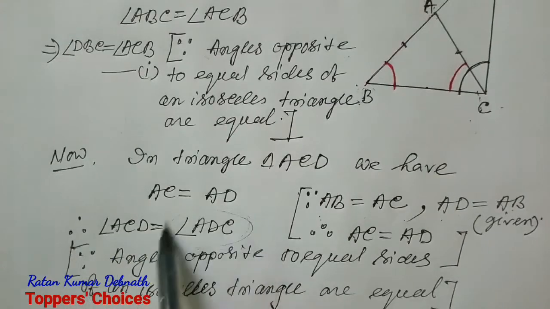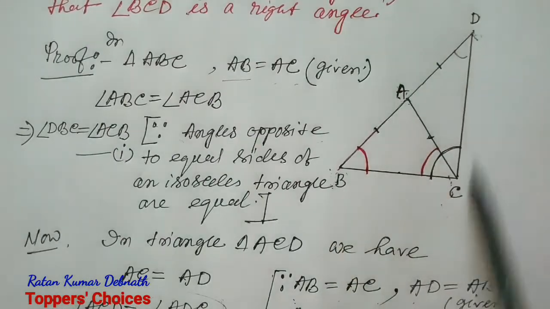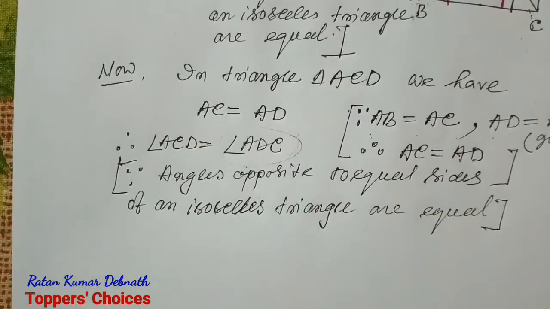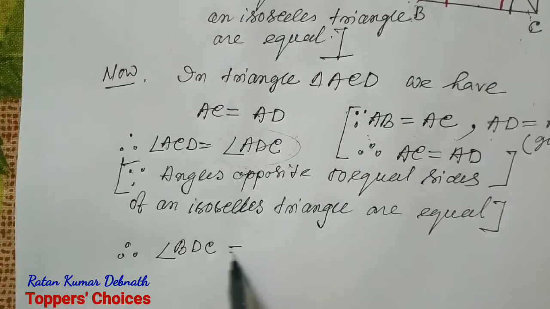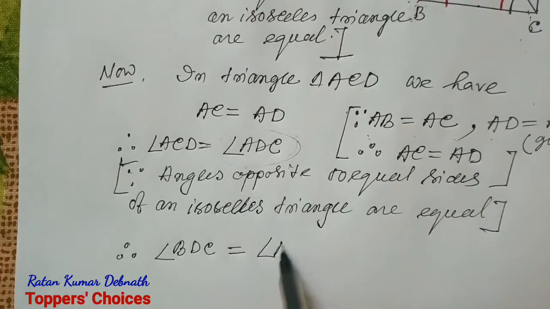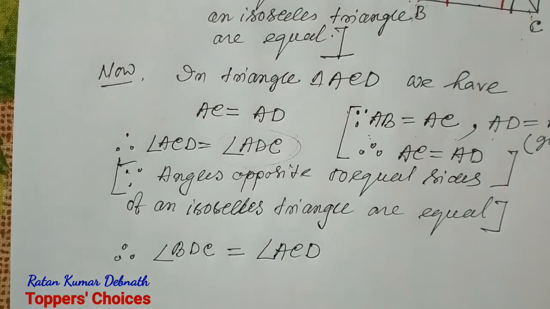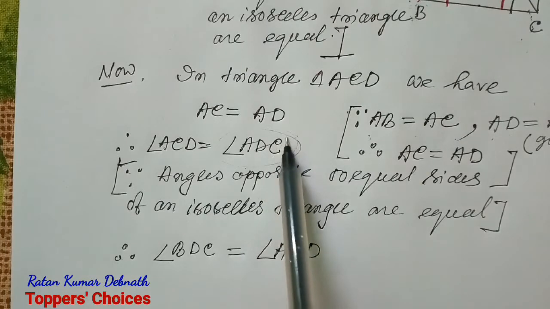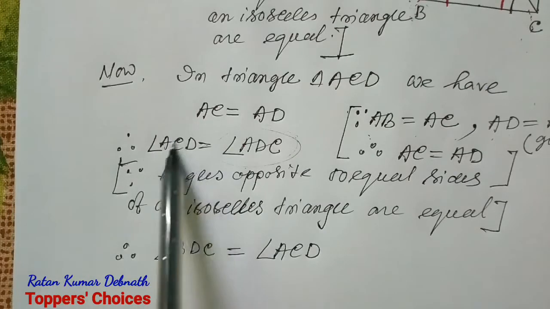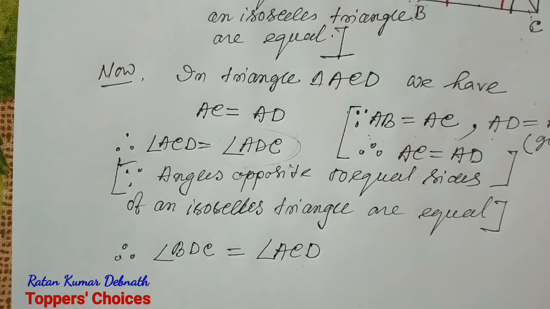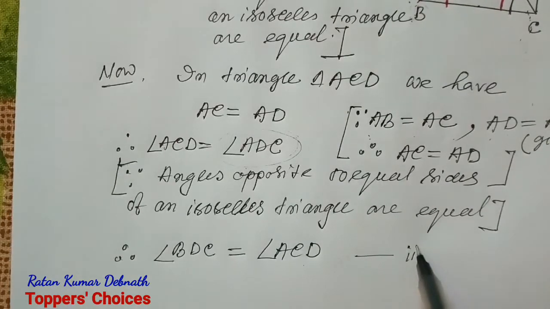So in place of ADC we can write angle BDC. Therefore BDC equal to angle ACD. I interchanged the direction. I wrote this angle here and this angle here, and I am marking this relation as 2.